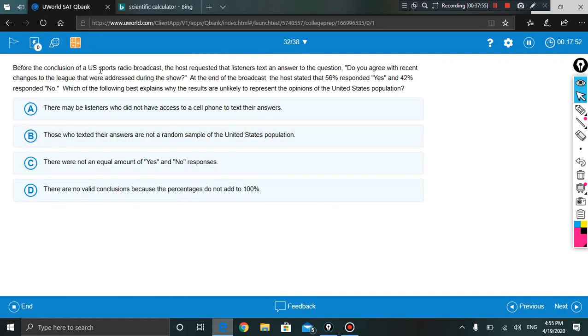Before the conclusion of the U.S. sports radio broadcast, the host requested the listeners to text an answer to the question: do you agree with the recent changes to the league's strategies during the show? At the end of the day, the results were yes and 40% no. Are the results likely to represent the opinions of the United States population? Unlikely, because the survey is biased. It's not a random sample.